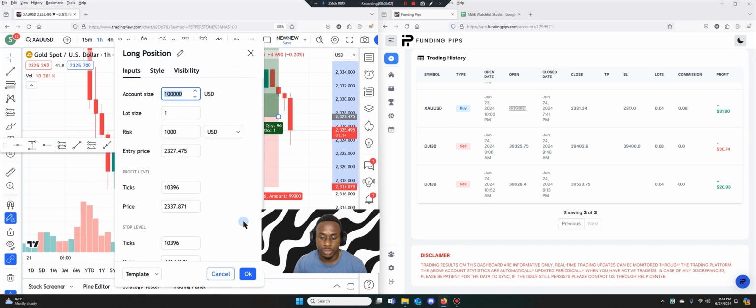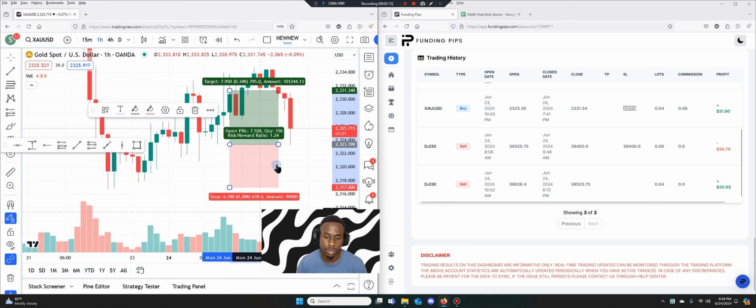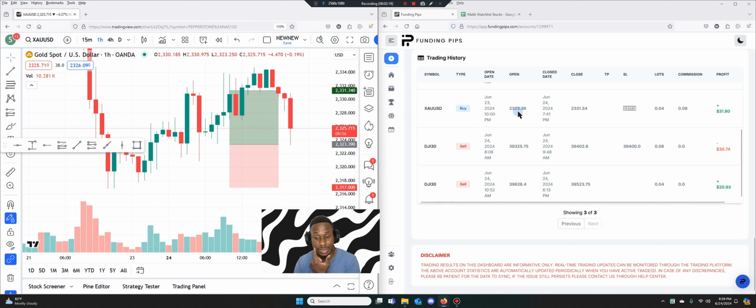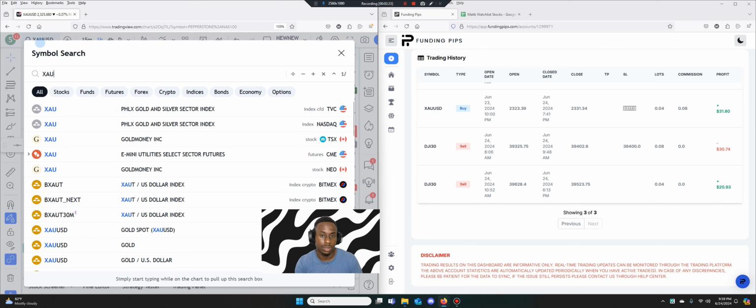I think I had a risk of about $30 on that trade. I closed it here, and this is actually where I had my stop loss. You can see my risk to reward instantly. This isn't matching the prices that are displayed here, so I'll have to figure that out.